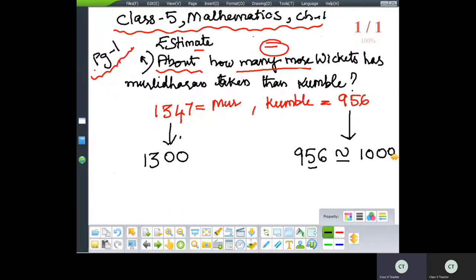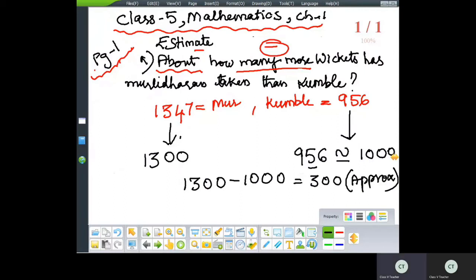Okay children, so we got it. Now orally do the subtraction part. 1300 minus 1000, how much will you get? 300 wickets. And 300 wickets is the approximate value, not the exact.